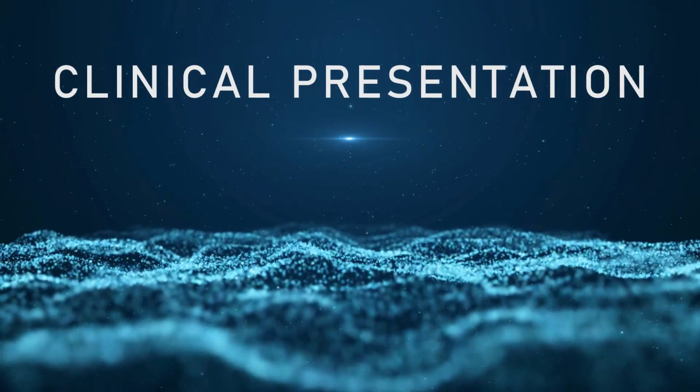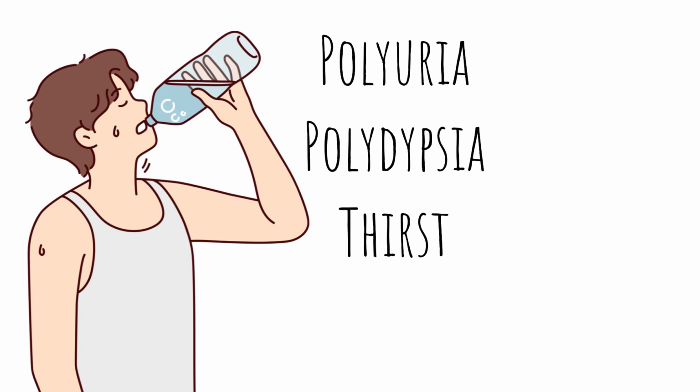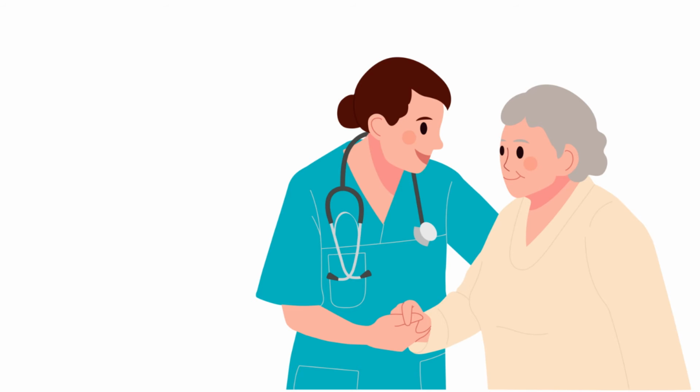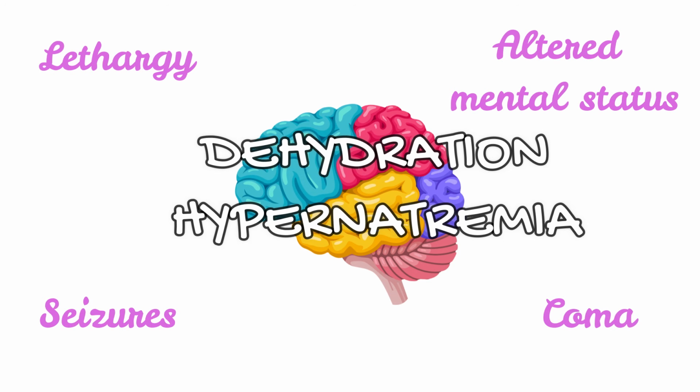These patients will present with polydipsia, polyuria, and persistent thirst with dilute urine. Most cases are normonatremic. If the access to water is limited, like in elderly patients, they can present with dehydration and severe hypernatremia, leading to altered mental status, lethargy, seizures, and coma.